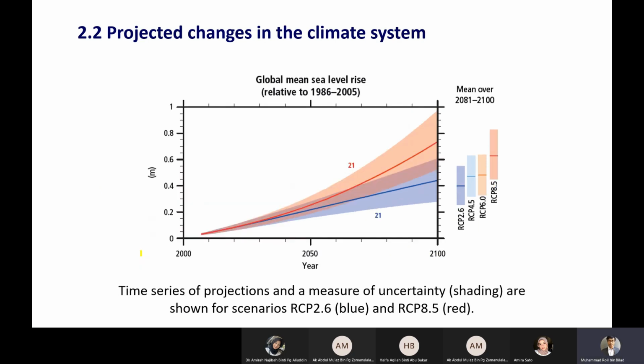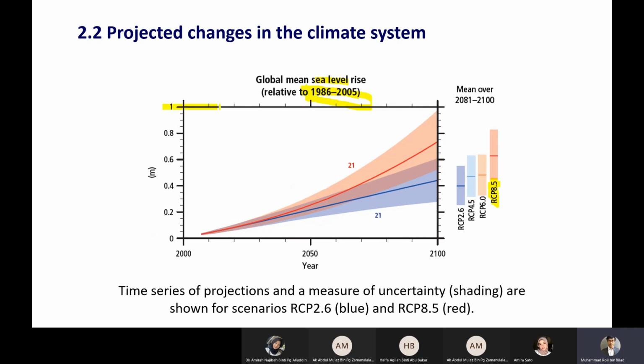And then in terms of global mean sea level, it's relative to this year. Depending on the scenario again, if we go to RCP 8.5, if you ask me what this is, I don't know. We have to look into the glossary on what RCP 8.5 is. But with RCP 8.5, this is the worst case scenario.